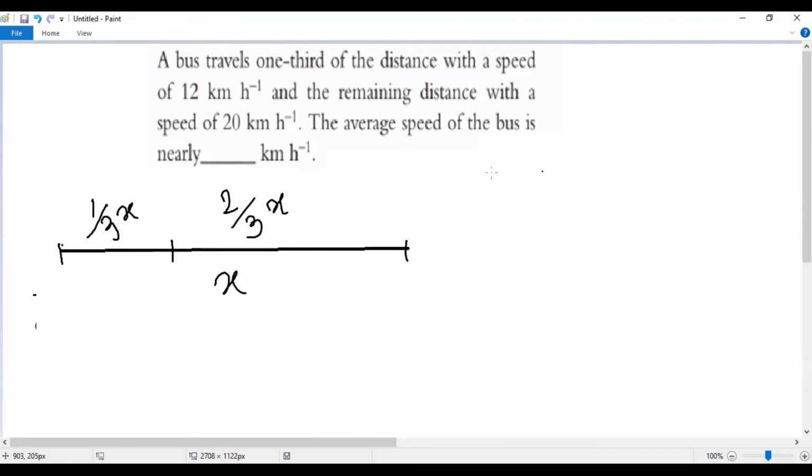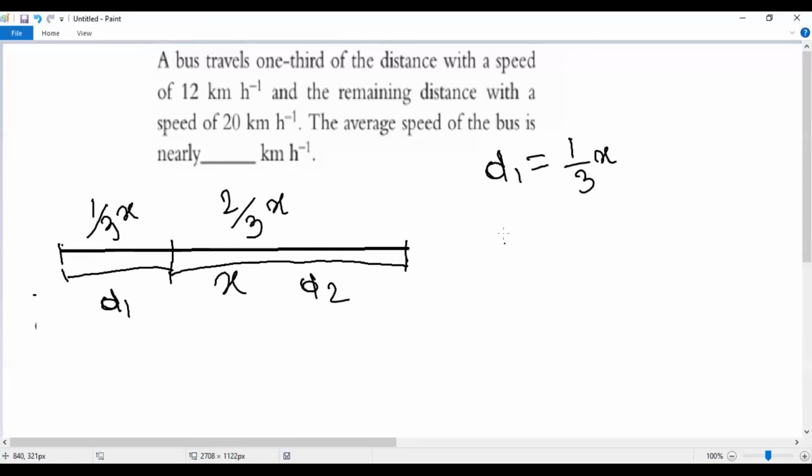Okay, so let's say this is d1 and this one is d2. So d1 is equal to 1/3 x and d2 is equal to 2/3 x.